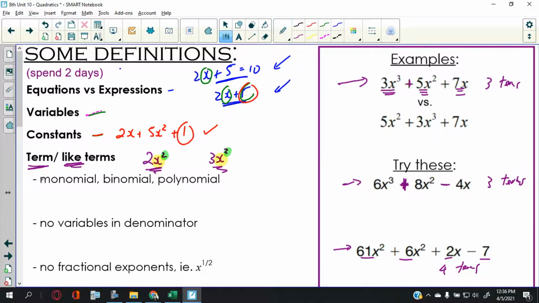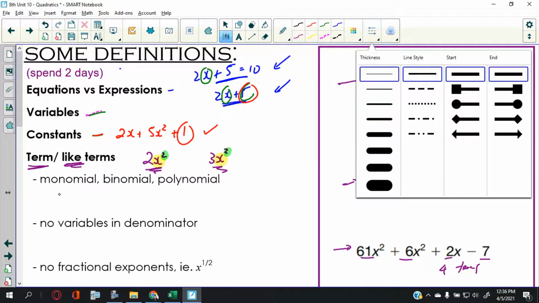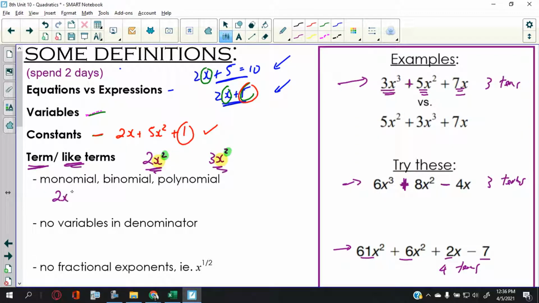Now, what's a monomial? It's a one-termed expression. For example, 2x to the third. That's a monomial: one term, nothing else. What's a binomial? Something like this, 2 terms. What's a polynomial?